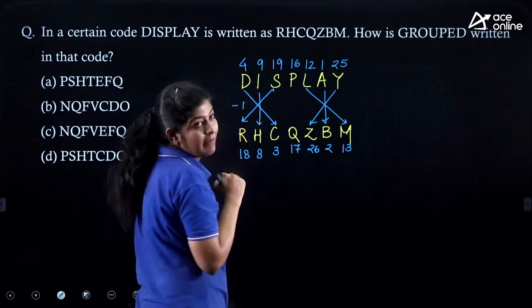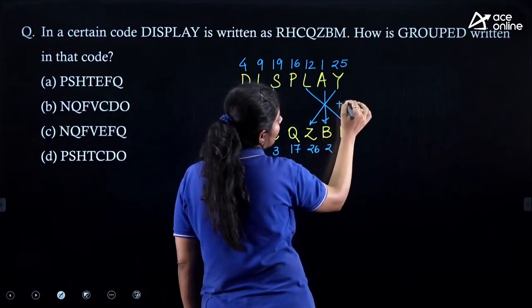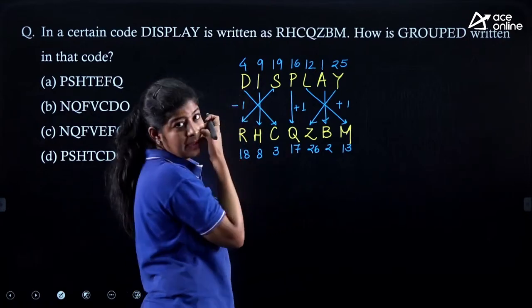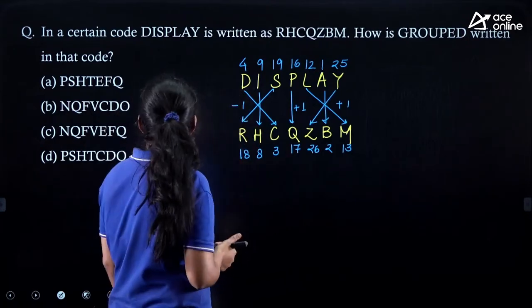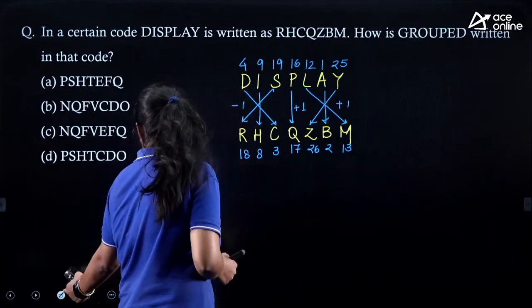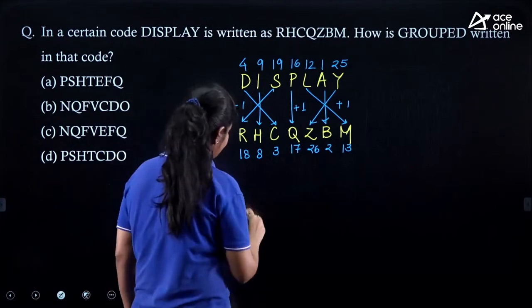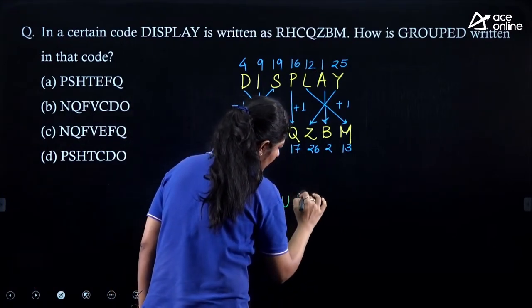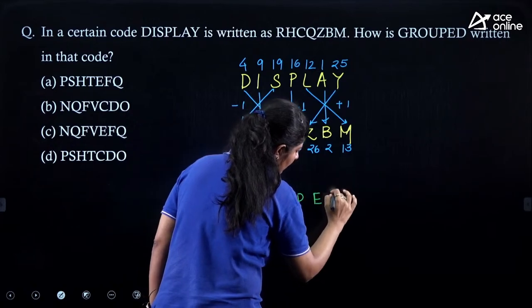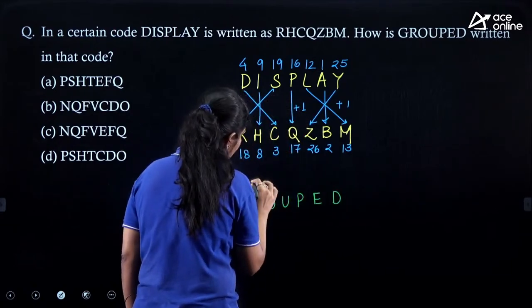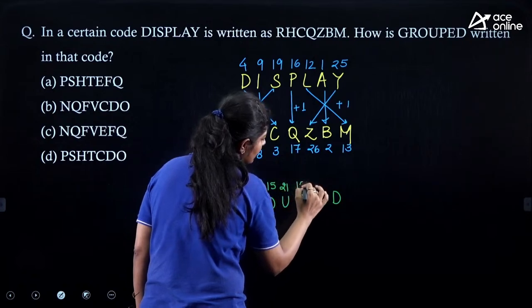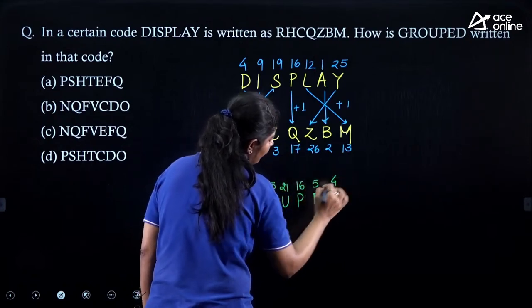Initially we applied -1, in the ending we have applied +1, and in between again we have applied a logic of +1 over here. Okay. Now we need to apply the same logic with the word grouped. Right? 7, 18, 15, 21, 16, 5 and 4.